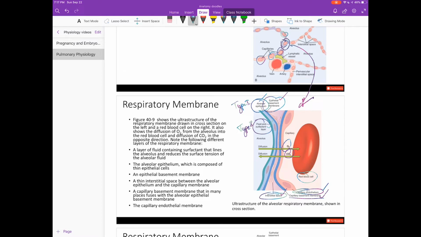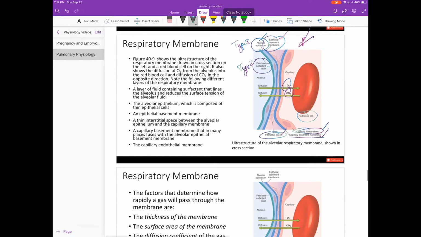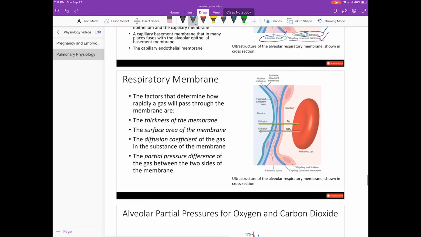From this diagram, you can probably readily understand that the ability of gas to pass through this respiratory membrane depends on a few things. The first is the thickness of the entire membrane. So if any one of these 6 layers is thicker than it should be, or if all 6 of them are thick or thin, that determines how fast the gas can diffuse through the membrane.